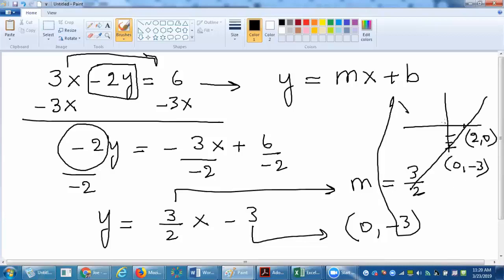So we go up 3, right 2, because both of them are positive. Up is positive, right is positive. And then we go up to (2, 0), the point (2, 0). We join the 2 points, and then we end up with the graph of the line. And this is how we move from a standard form to a slope-intercept form.